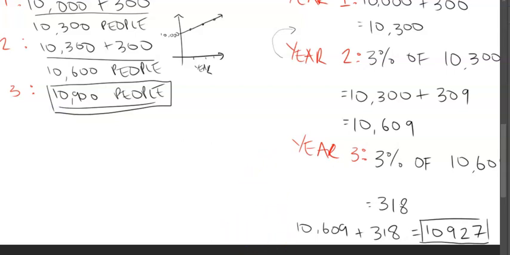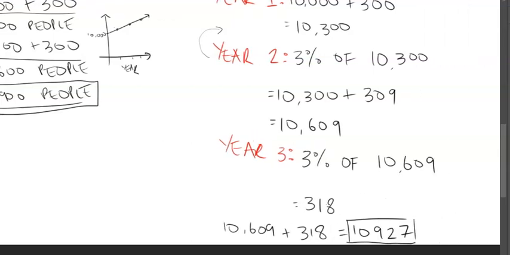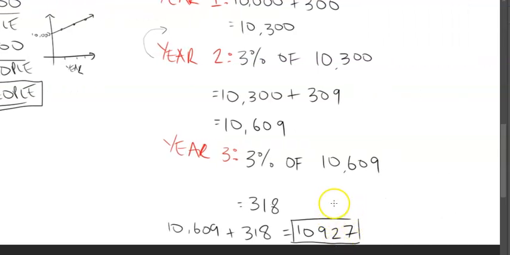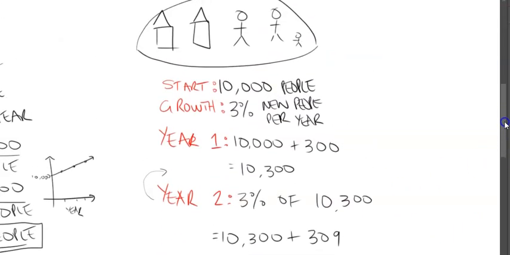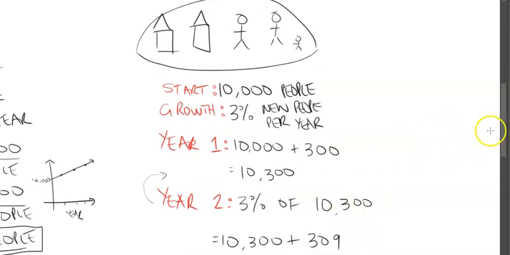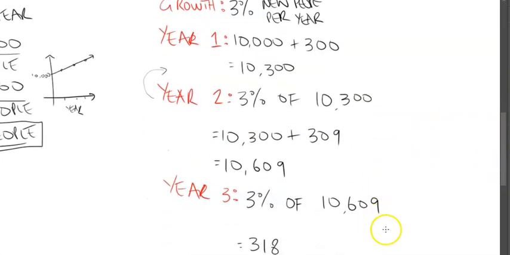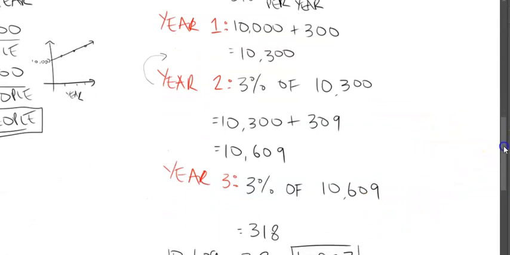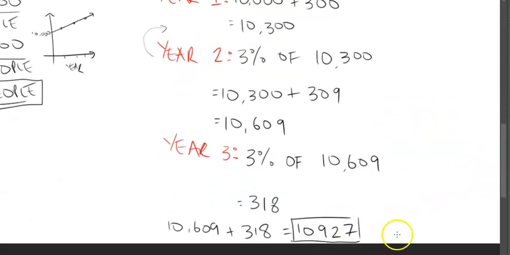Now, that does not seem that significant, but if you were to keep going and going, after say about 30 years, Town B will have a significantly larger number of people in comparison to Town A, because as more people enter the town, you're going to take 3% of a greater number, which entails more people moving in.